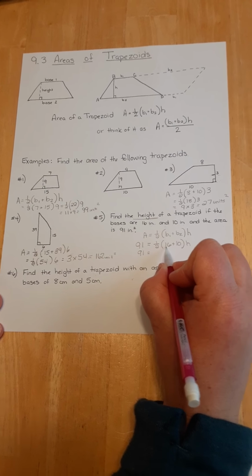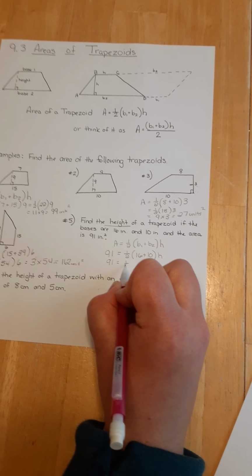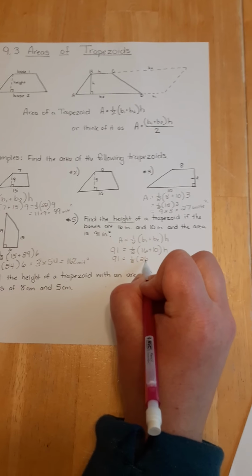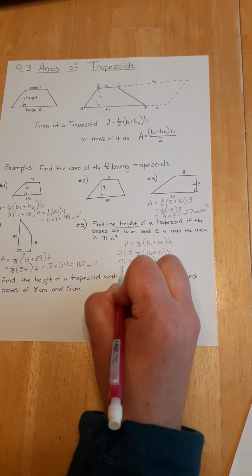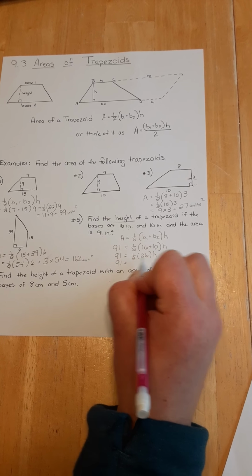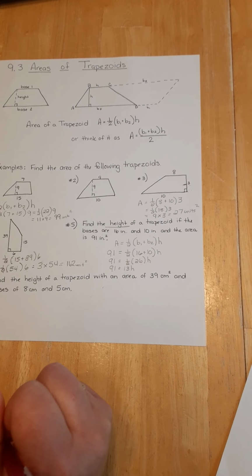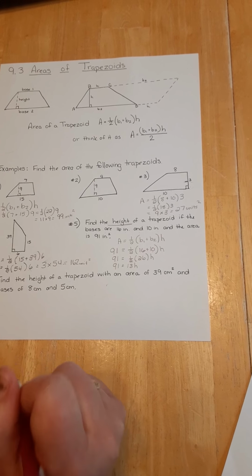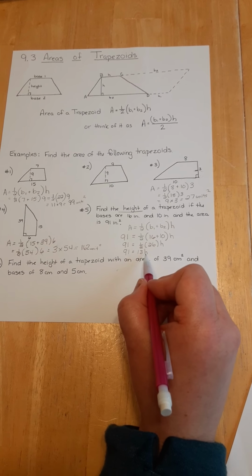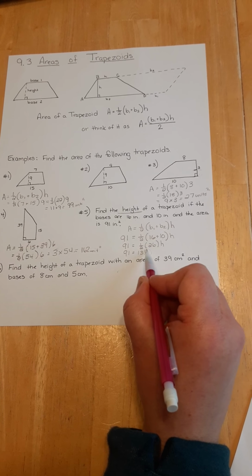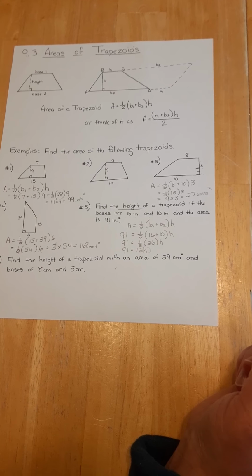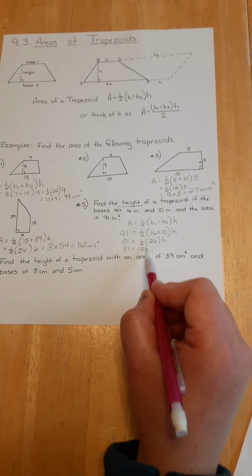Let's add together 16 plus 10, and I get 26. Now, what is half of 26? That would be 13h. Now, what do I do? Remember, when we solve equations, my whole goal is to get h all by itself. And to do that, I have to take the opposite.